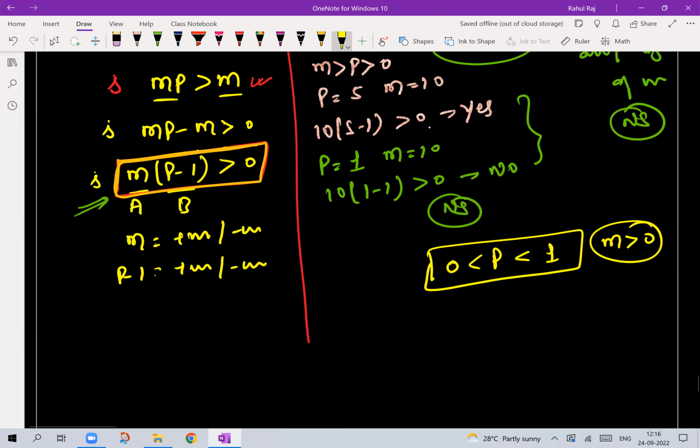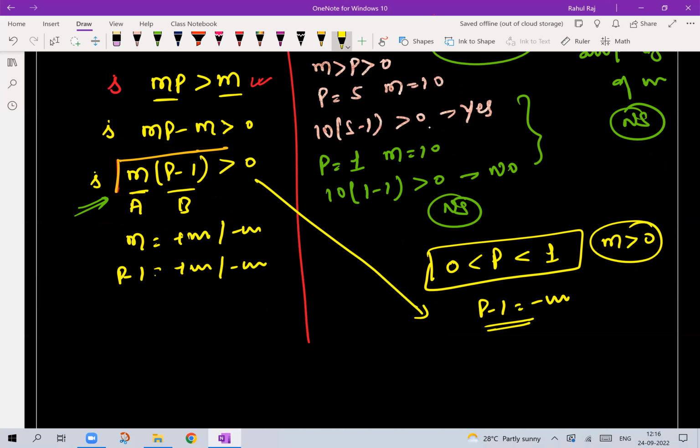And if P lies between 0 and 1, guys, can I say P minus 1 is always negative? Please look at what I'm doing. I'm not letting my question go from my head. After combination, what do I get? P lies between 0 and 1. My job was to prove whether M and P minus 1 are of the same sign or not.